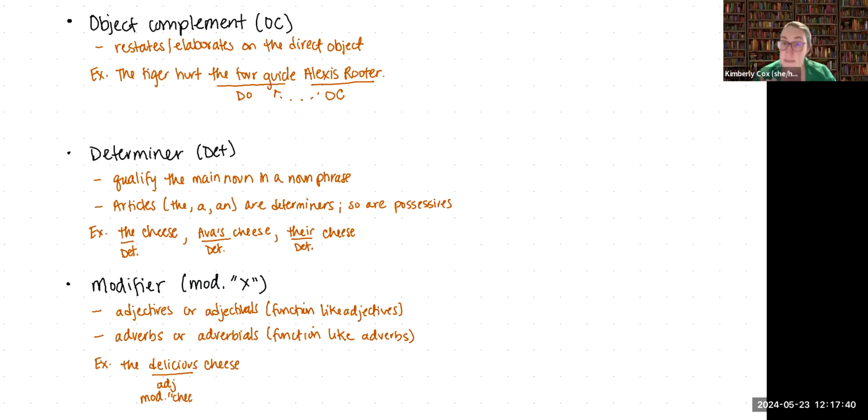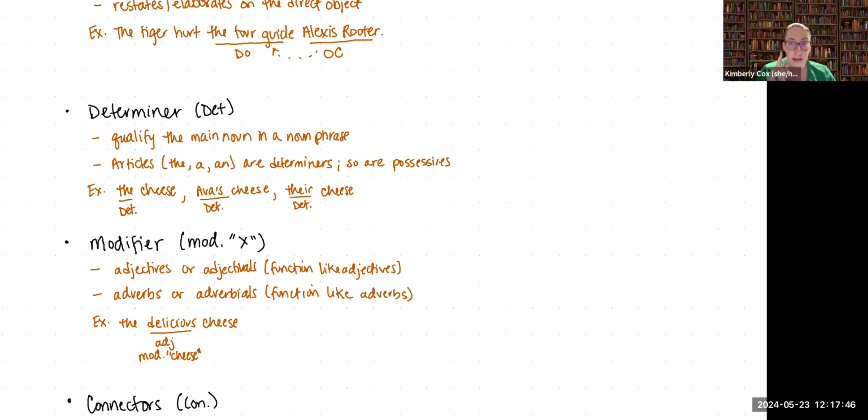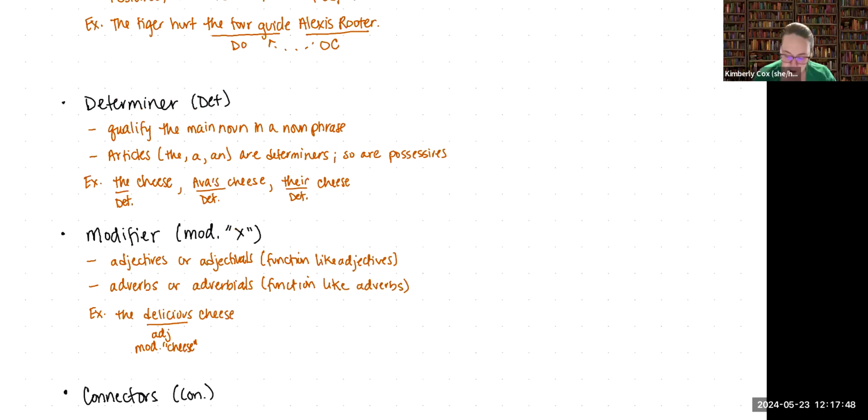And so what I'm going to be concerned with is that you know that it modifies cheese. Let me give one more example. So if I said the really delicious cheese, okay. Delicious, we've already said, functions like an adjective. It modifies cheese, and we can all agree on that.